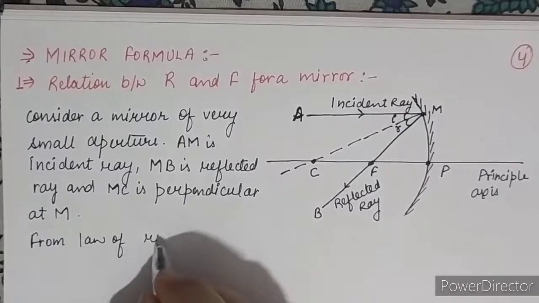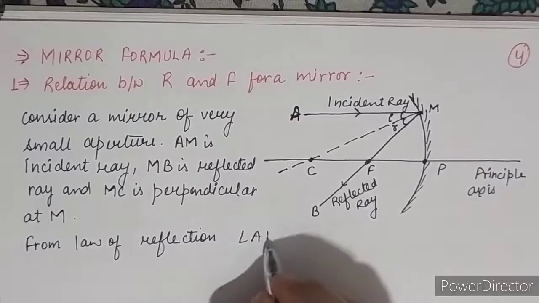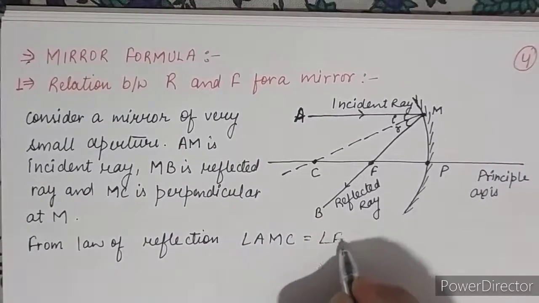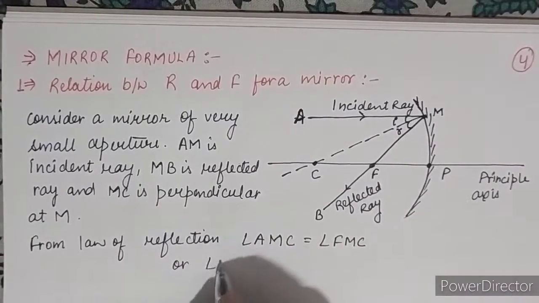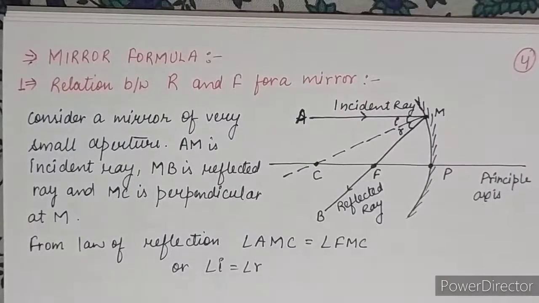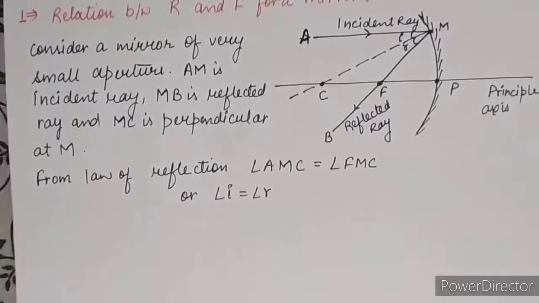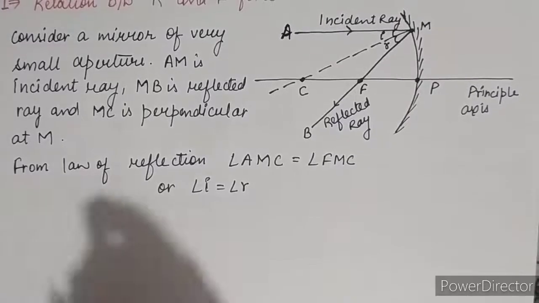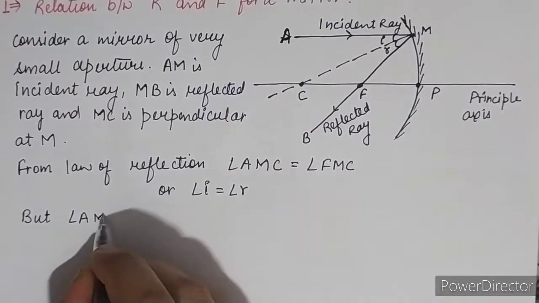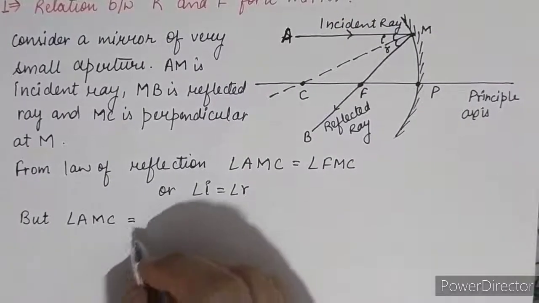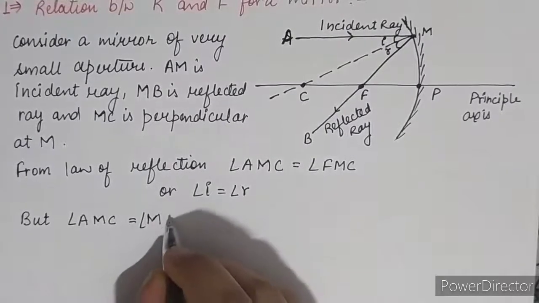So from the law of reflection, angle AMC is equal to angle FMC. Or we can say that angle I is equal to angle R. Further, angle AMC is equal to angle MCF.